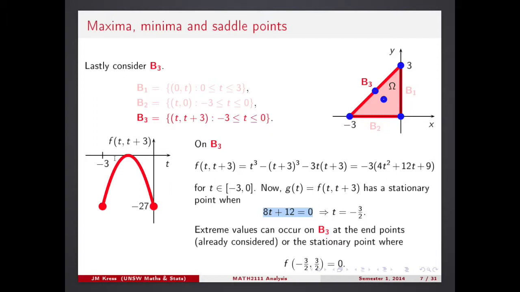Plus the endpoints, 0 and -3, but we already came up with those points in my previous analysis for B1 and B2, so that's probably why here it is not considered. So the only point of interest from this particular piece of the boundary is this point in the middle, -3/2, 3/2.